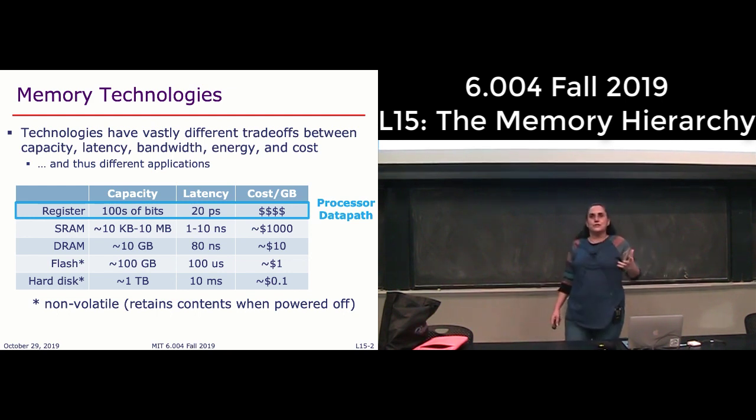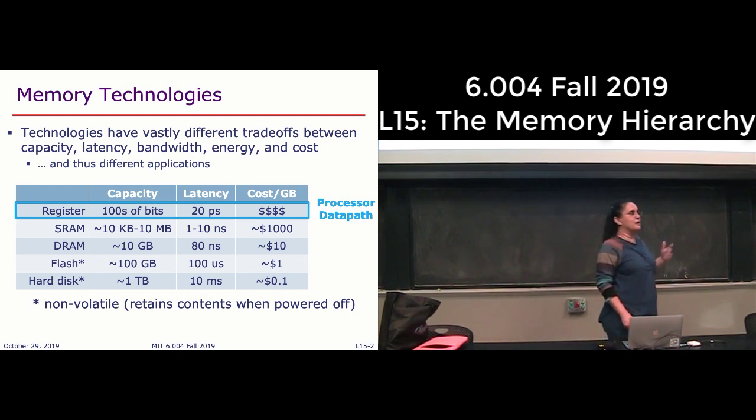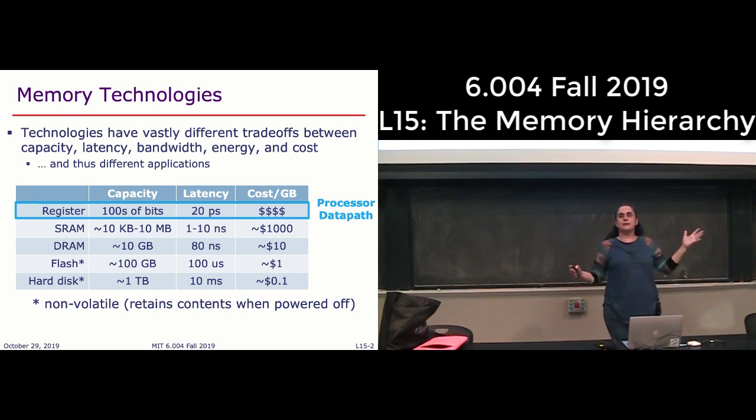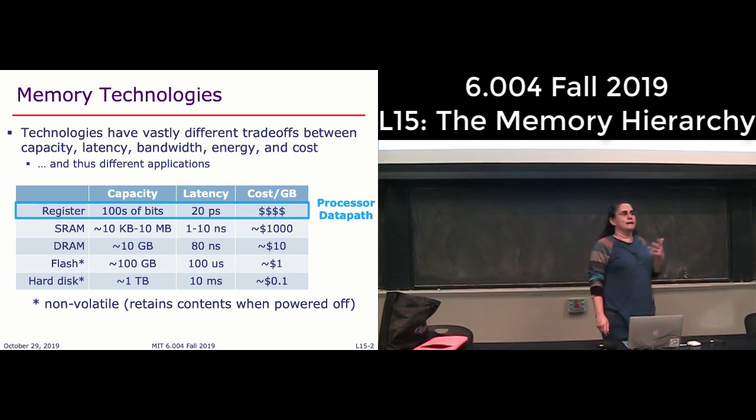Registers, which can store data and be accessed really fast, are great to have in our data path for all of our instruction computations so that we can minimize the clock period of our processor. But we can't have very many registers, so we're certainly going to need some additional form of storage.